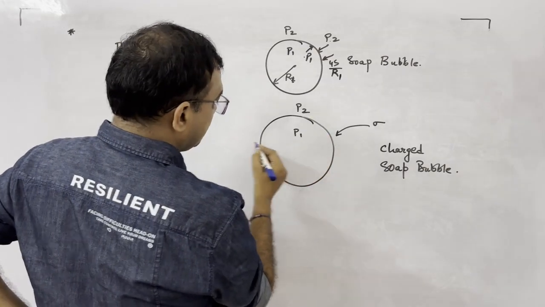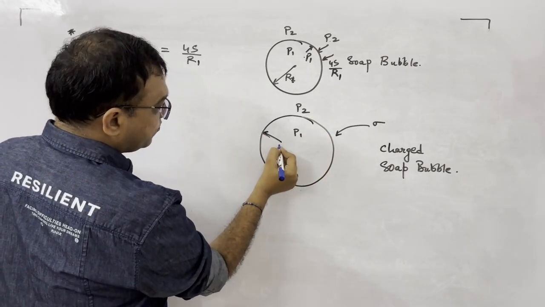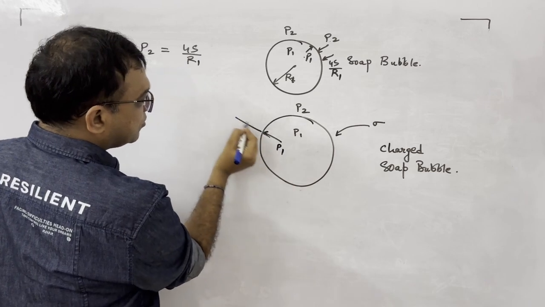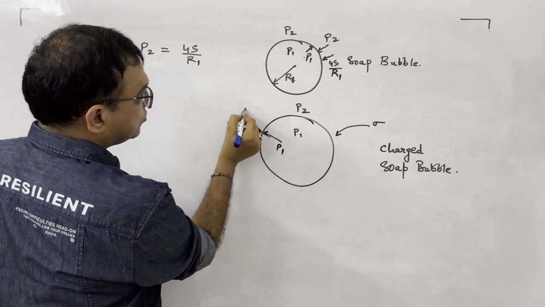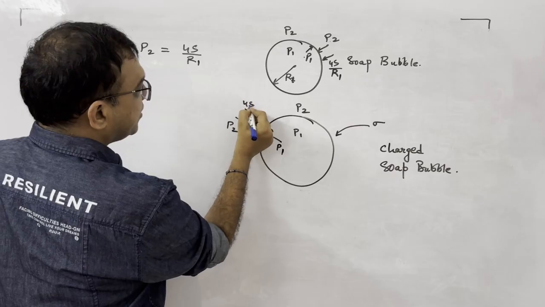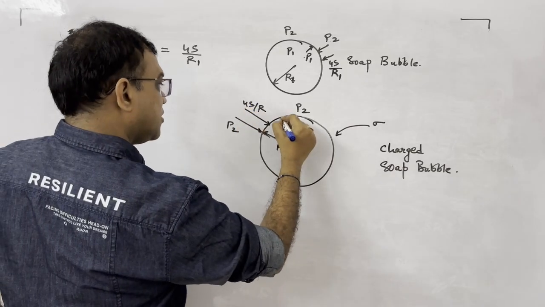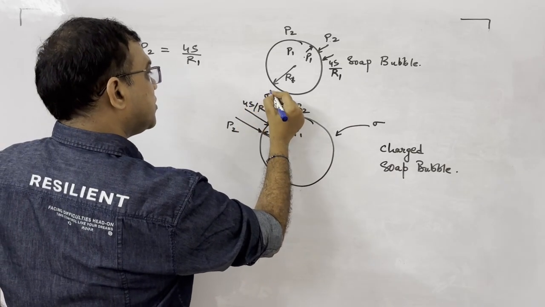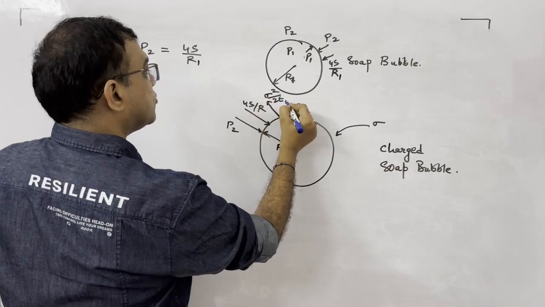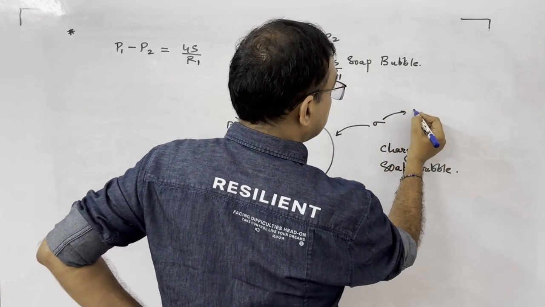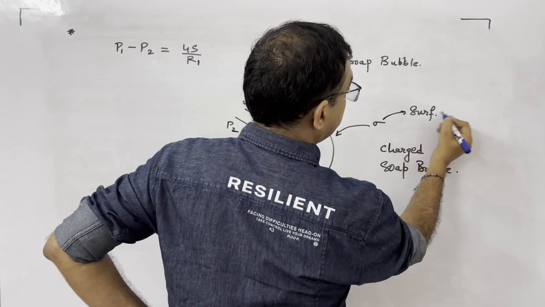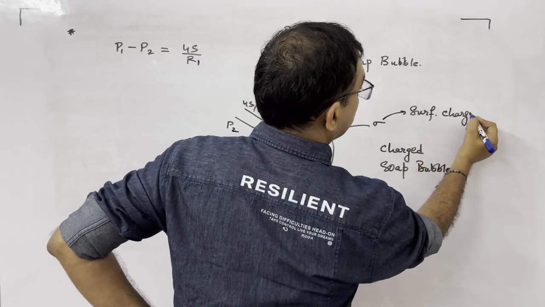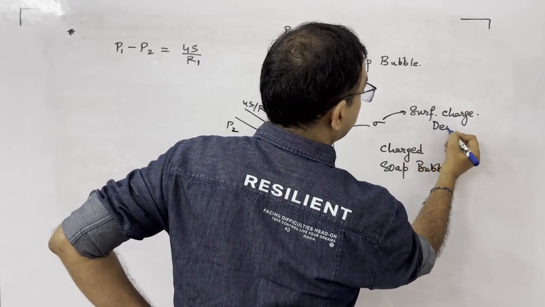Now here what will happen? P1, P2, 4S by R, and another one, sigma square upon 2 epsilon naught. Sigma is the surface charge density. About this you will understand it later.